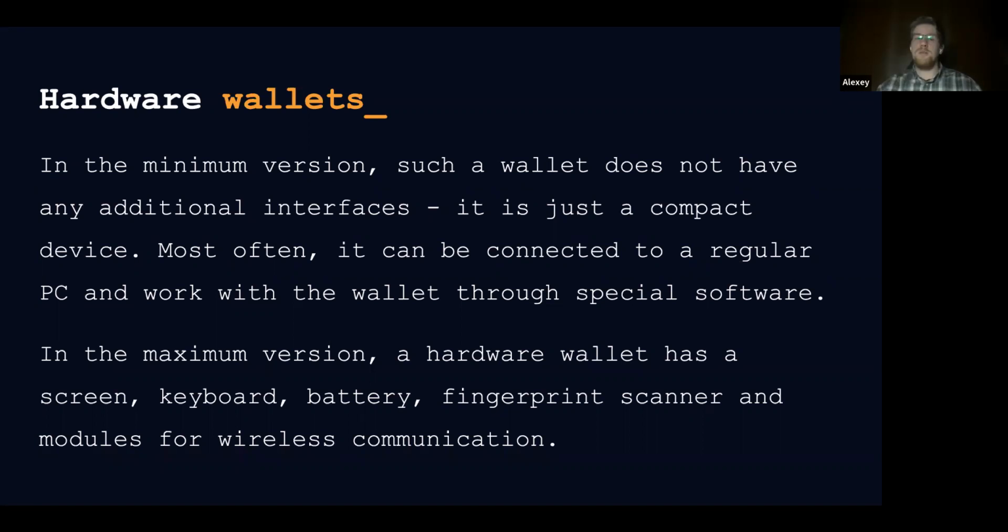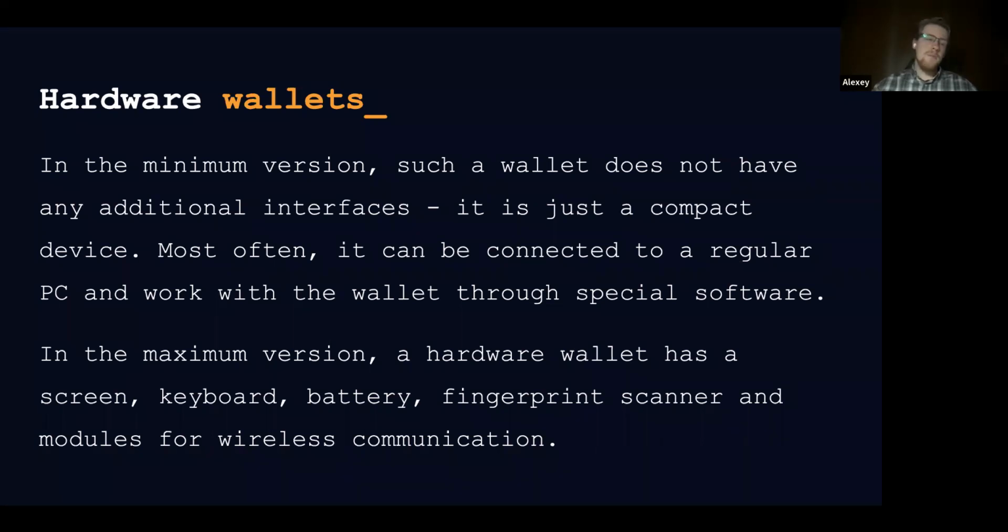It usually has a USB interface, and you connect it to your PC, launch the specialized software, and do whatever you want to do. However, some more advanced hardware wallets have also a screen, a keyboard, a battery, a fingerprint scanner, and modules for wireless communication, which allows it to be a fully fledged individual device which you use to communicate with the network.